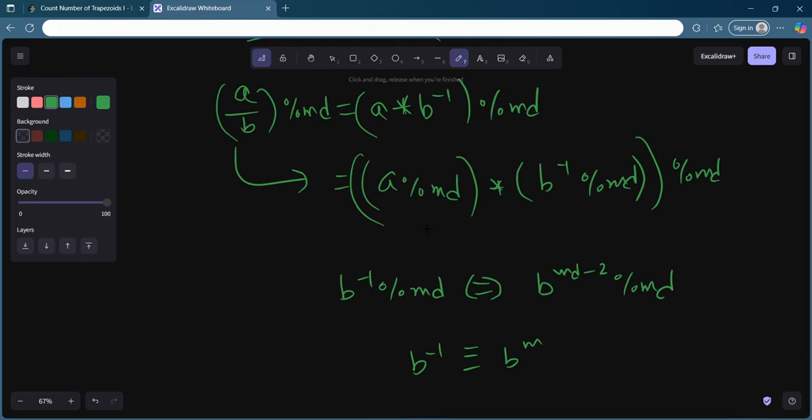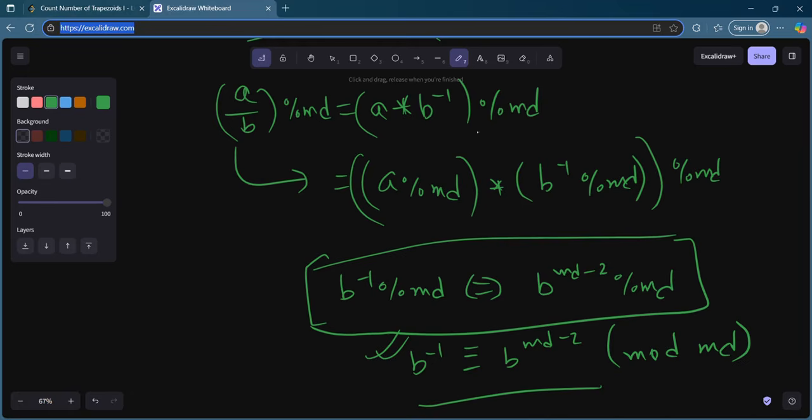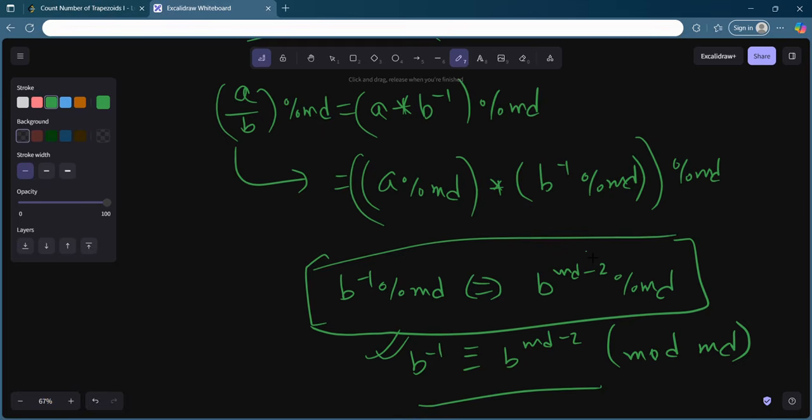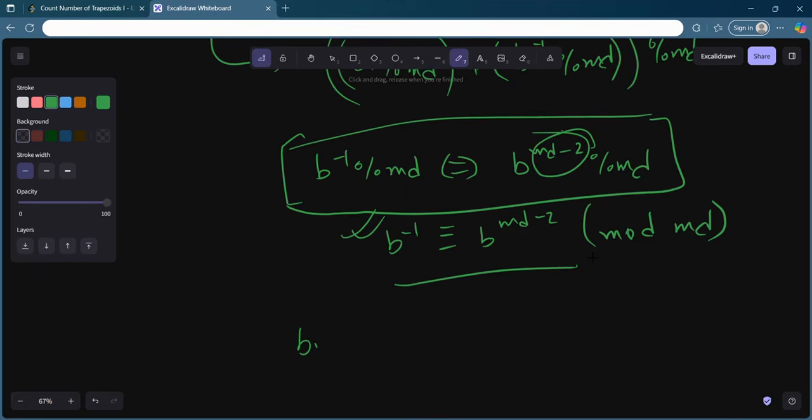Okay, so basically it tells you this, b inverse is congruent to b to the power mod minus 2 whole mod. Okay, what does this congruent and all mean? I have already explained it to you in some of my previous videos on modular arithmetic, but this is a theorem which you can just know that it exists. So that's how you calculate modular inverse. So this is a very large number. If you see mod minus 2, so you calculate exponentiations.